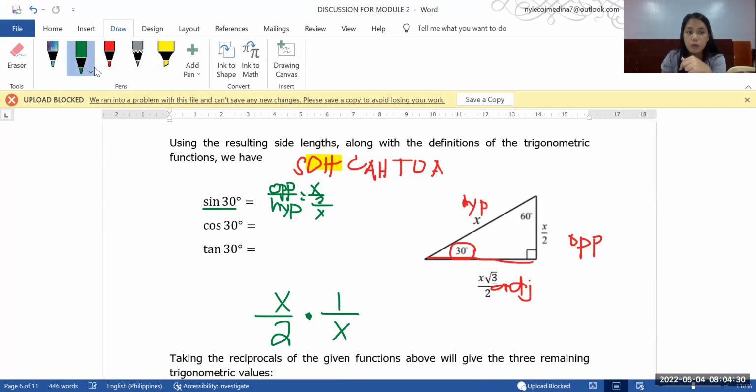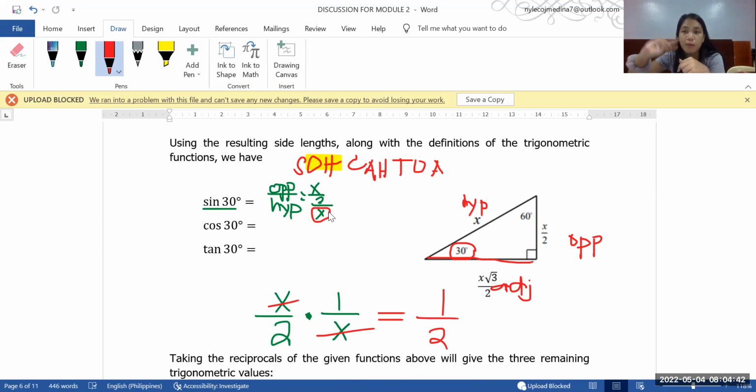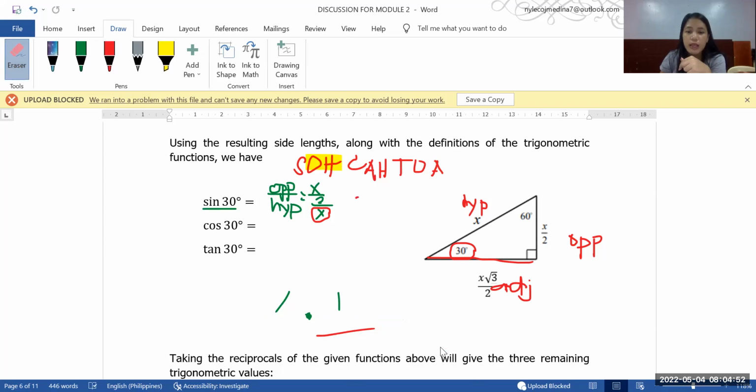So we can cancel the x, and what remains is 1/2. When we divide, we flip the divisor, the reciprocal. So the x, which was the numerator, becomes the denominator. Therefore, sine 30 is just equal to 1/2. Sine 30 is equal to 1/2.